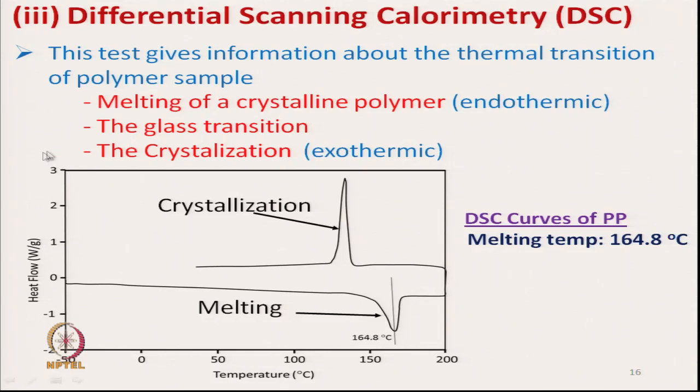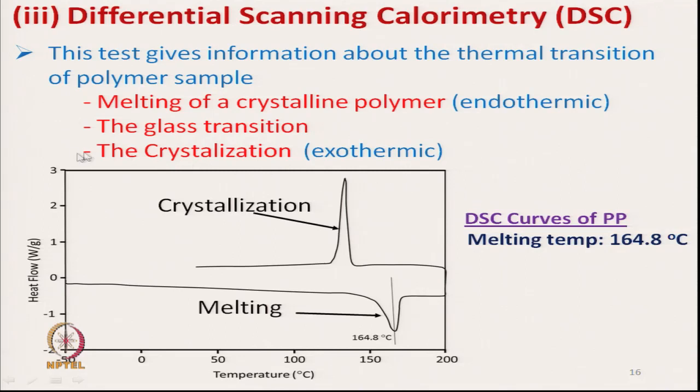During melting it is an endothermic reaction, that is, it takes in heat, and during crystallization, which is exothermic, it will release heat, and you can also measure the glass transition temperature.